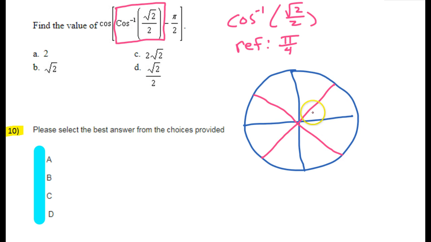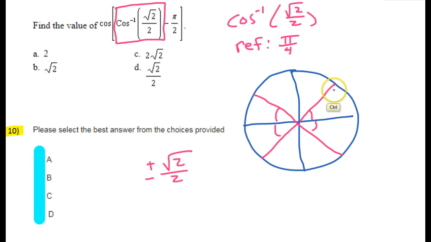Okay, each of these angles has a reference angle of pi over 4. The cosine of any of these angles is going to be some kind of radical 2 over 2. It's just that some of them are positive and some of them are negative, but all four of these angles have a cosine of radical 2 over 2.